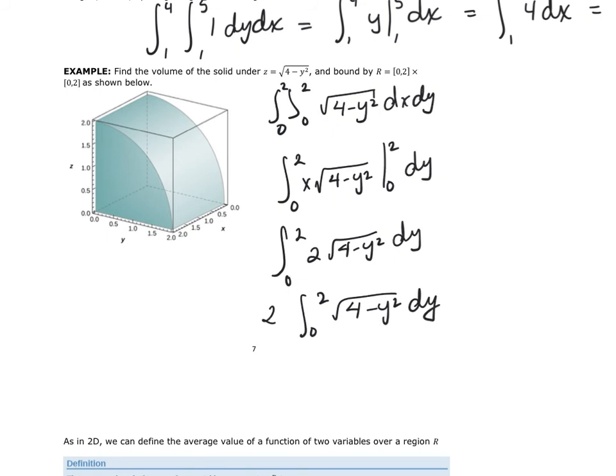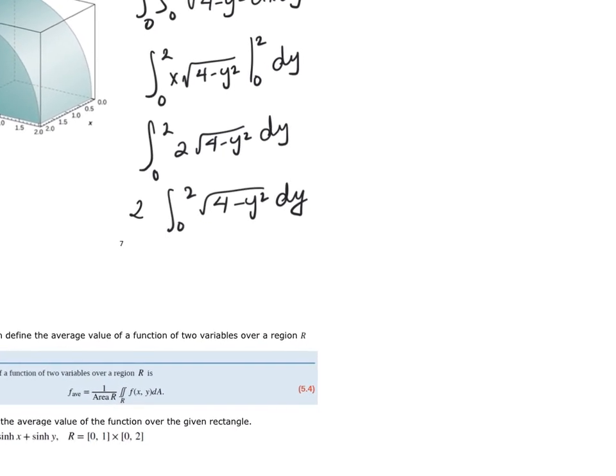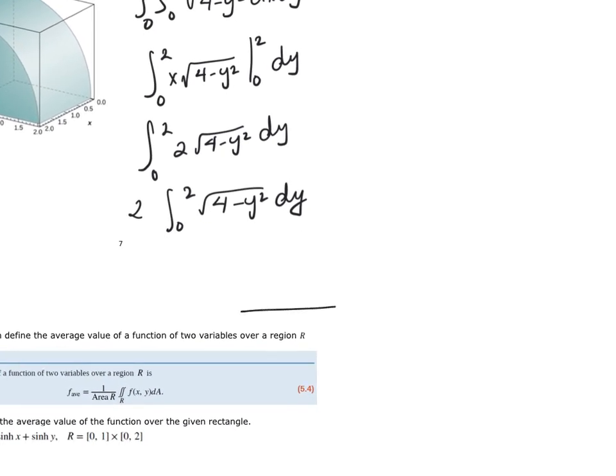And you're thinking, this looks like a lot of fun. Well, okay. This integration we can do by, and you're thinking, trig substitution. And so am I. I'm thinking, yeah, this looks like trig substitution. So let's build our triangle.